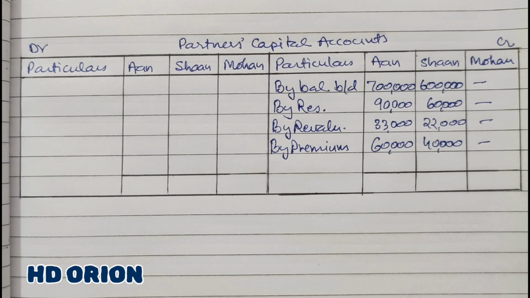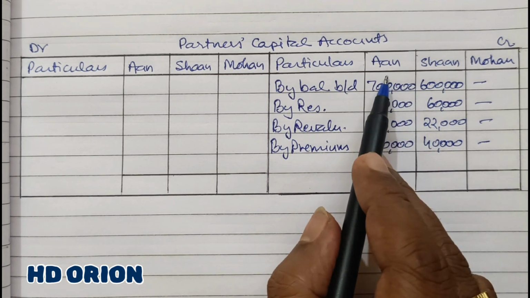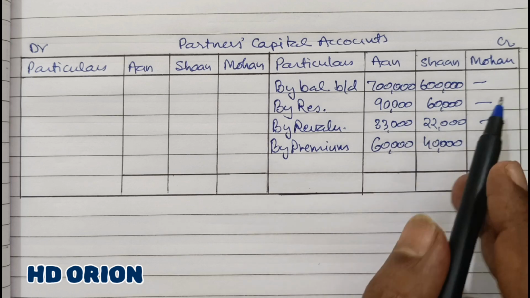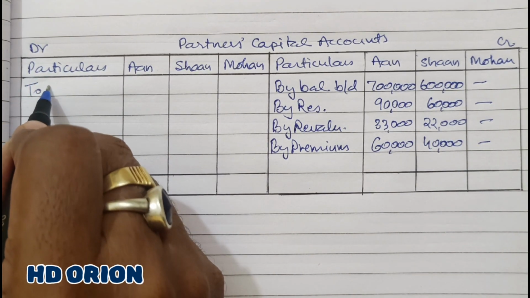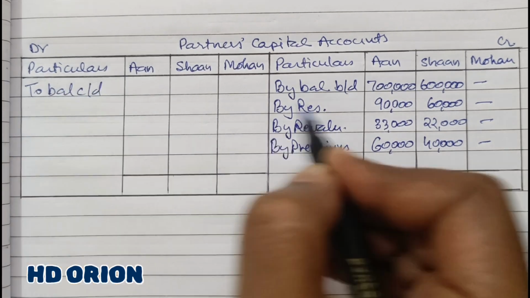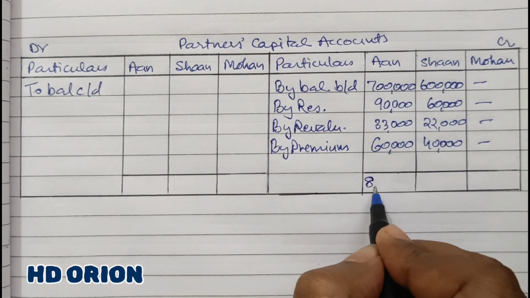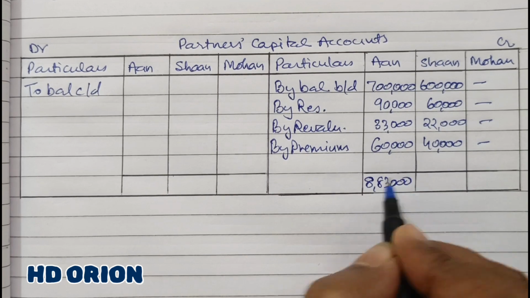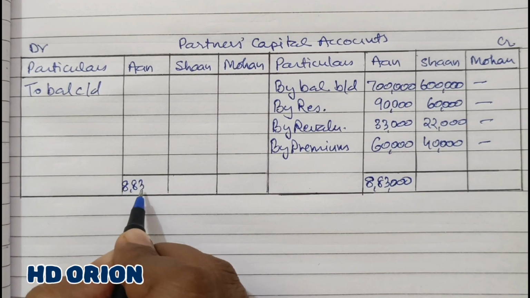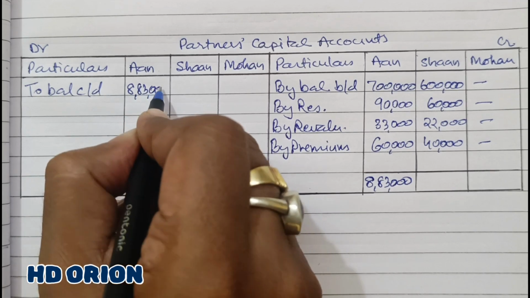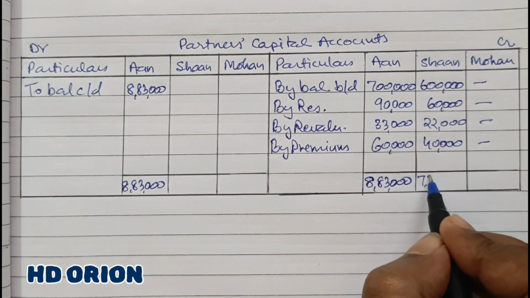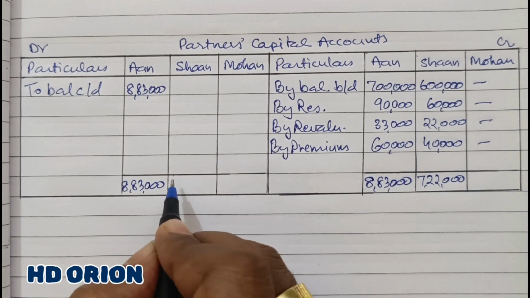Therefore, now we will close the accounts of Ann and Shan so that we can calculate the capital for Mohan. So balance carried down. Grand total here is 8,83,000, and here it is 7,22,000.